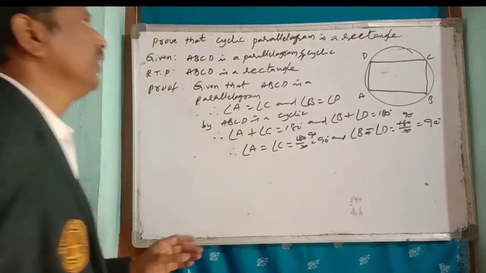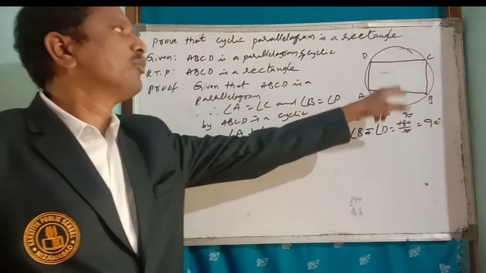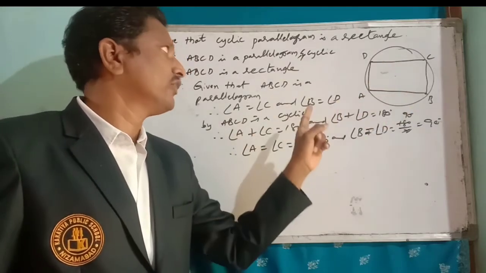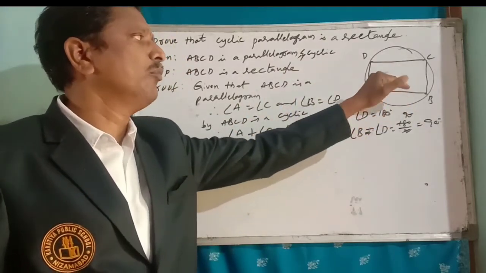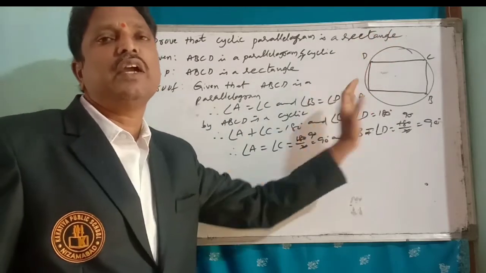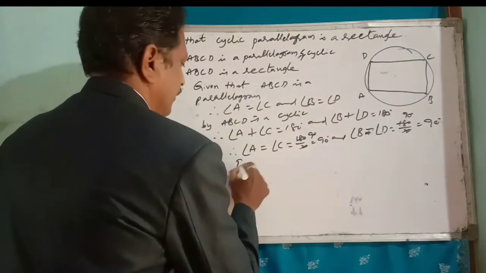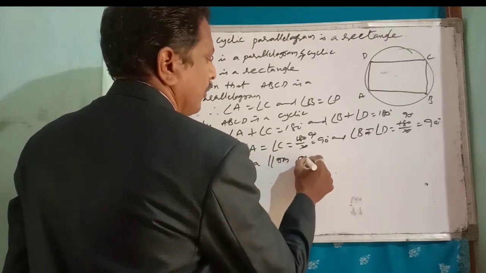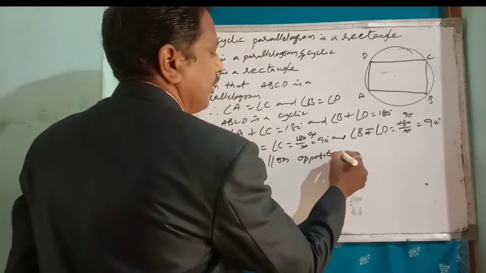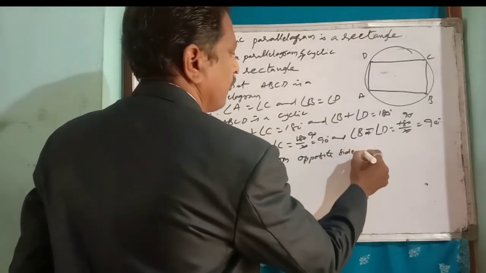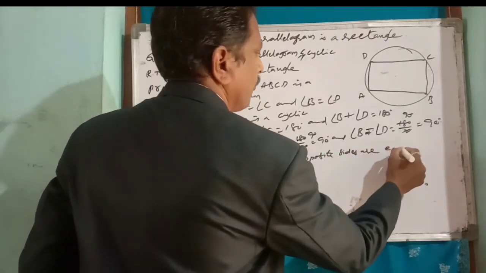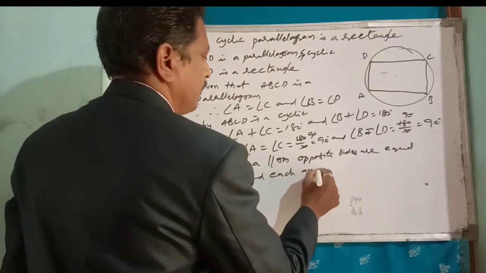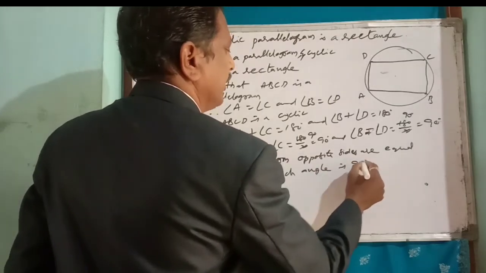Then what do you conclude here? In a rectangle, opposite sides are equal and each angle is 90 degrees. Here, see, this is a parallelogram. In a parallelogram, opposite sides are equal and each angle is 90 degrees.